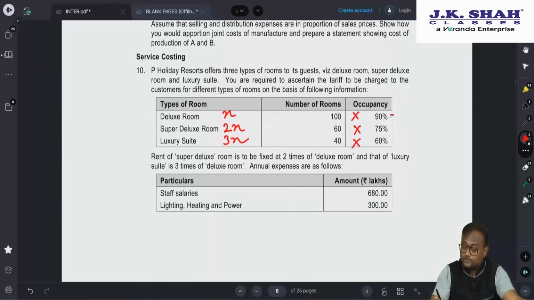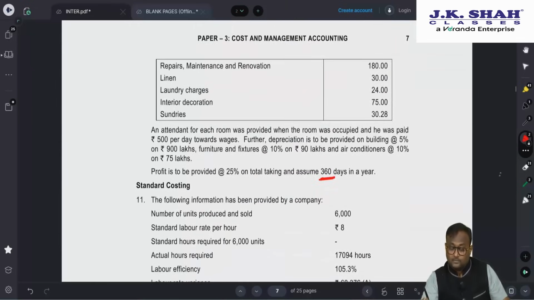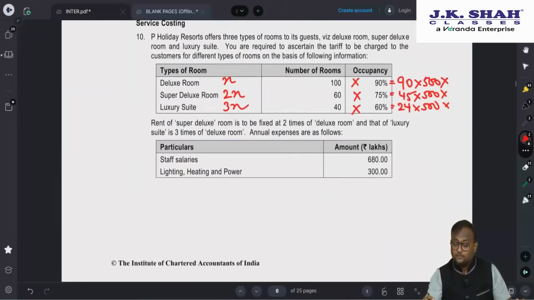How much is occupancy? The occupancy is 90 rooms, 45 rooms, 24 rooms each day, and you will be paying that guy 500 per day for 360 days. Are you understanding this?